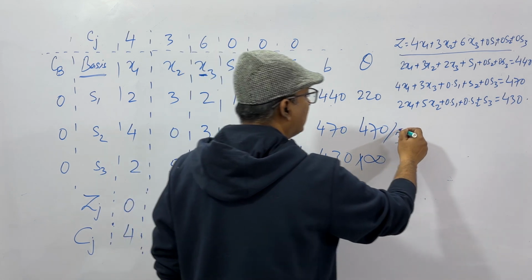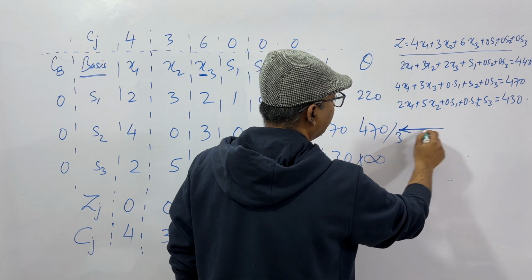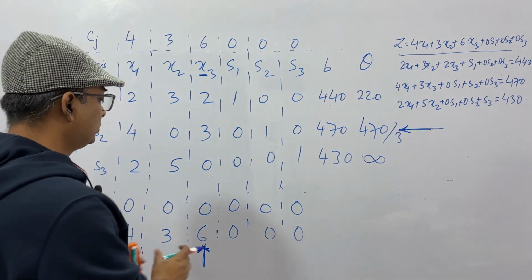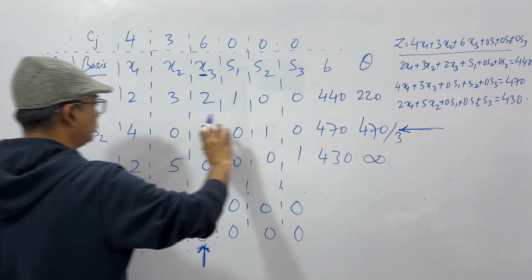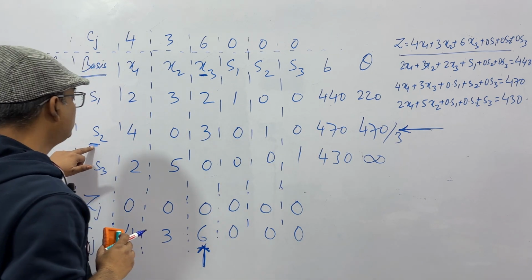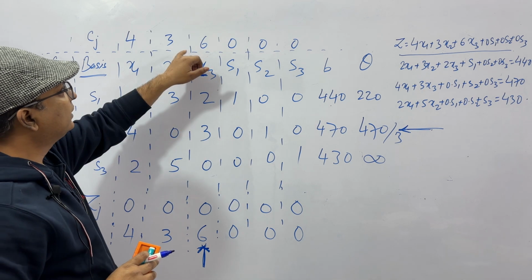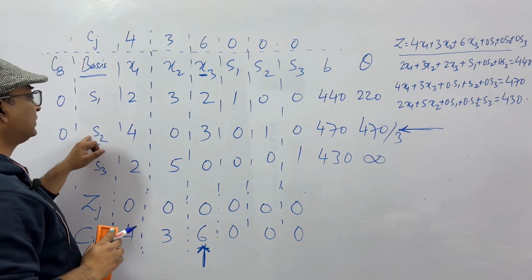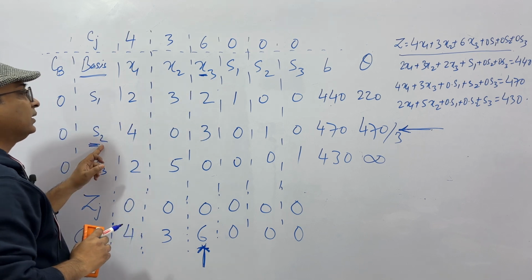So this is now our key row. This is key column, this is key row. Now in the key row, the variable is s2. So s2 will exit this table, and x3 from the key column will enter here. So we'll take this out and we'll enter x3.